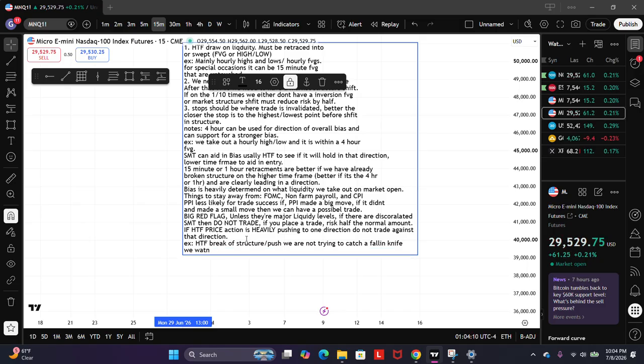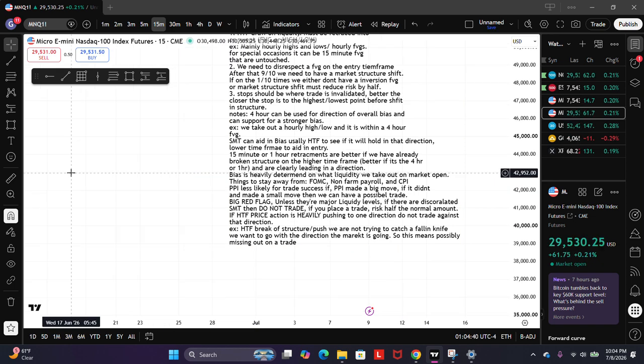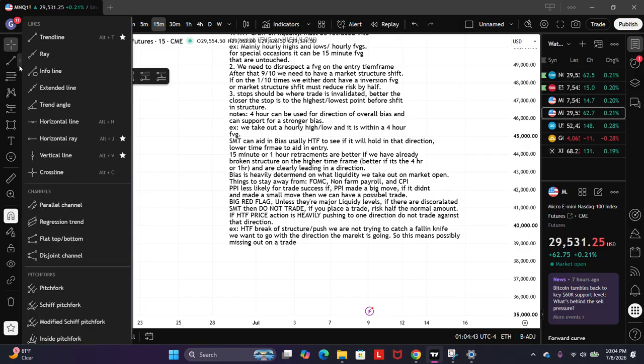We want to go with the direction the market is going. So this means possibly missing out on a trade, because if the market went down and took out that low and then went up there, it's more likely I'm not going to take it because it's not going to go high.